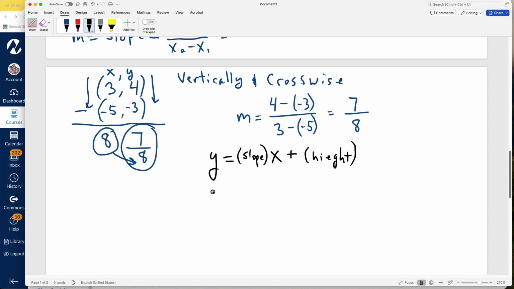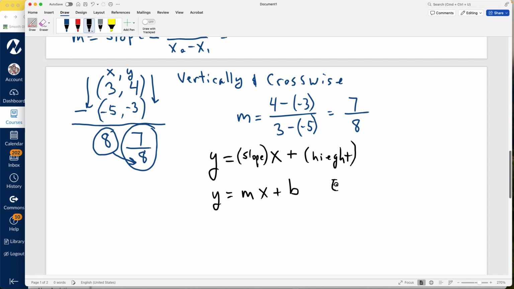And so we get this equation of y equals, we use m for slope, and for the height, I don't know if it's I before E or we use the letter B. This is the equation of a line.